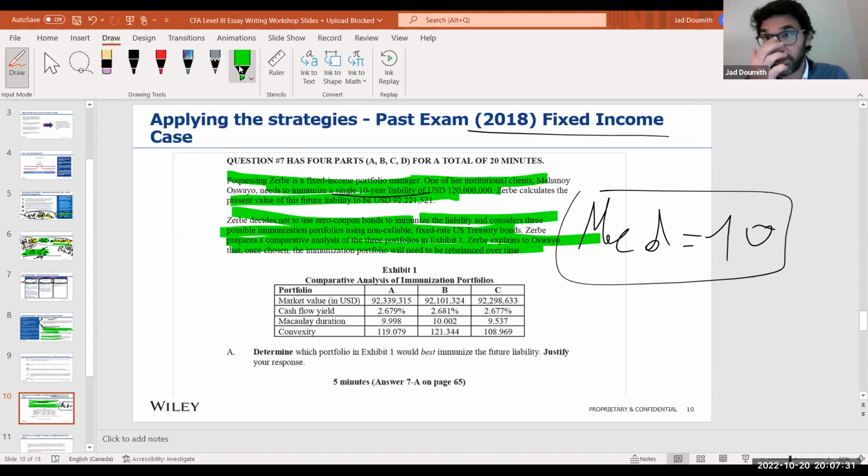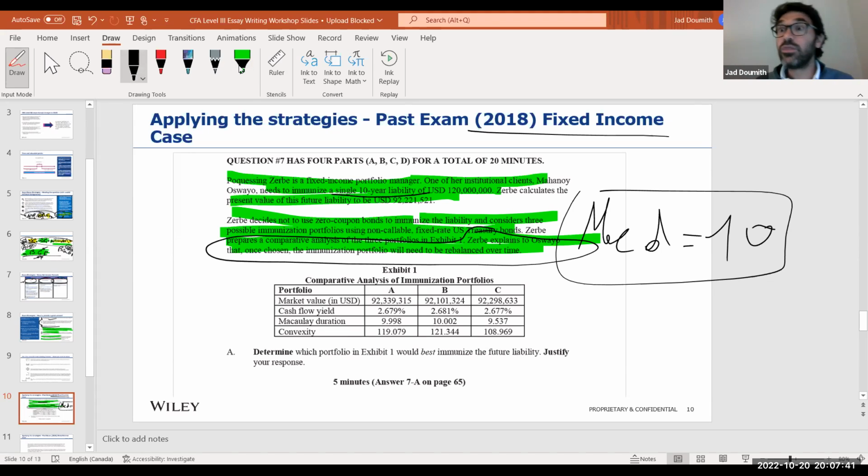Also very important. When I read the question, I know exactly what information to keep and what to filter out. This sentence is extremely true, but I will not need it because it's not really a question here about rebalancing or not. So provide a good answer now. Determine which portfolio would best immunize. Your answer should be super direct if you don't have a template where you circle the portfolio.